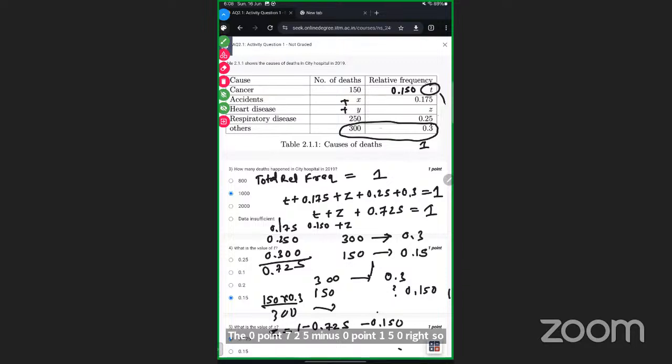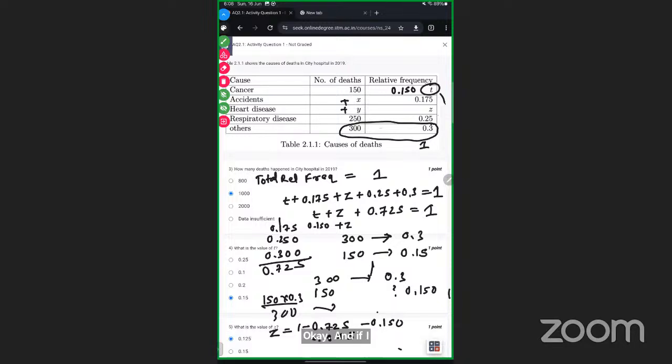So what will the z value come out to be? If I sum both up, it is 0.875.